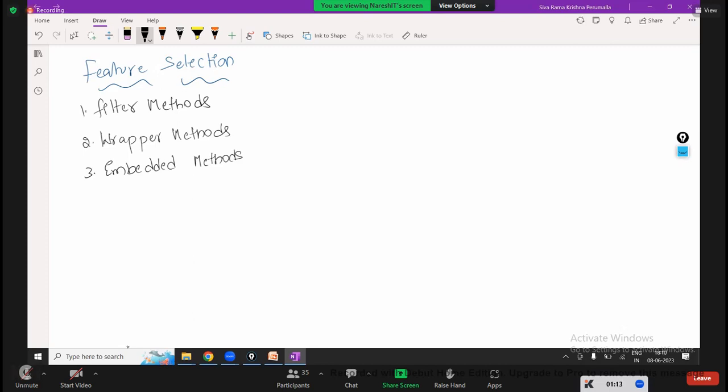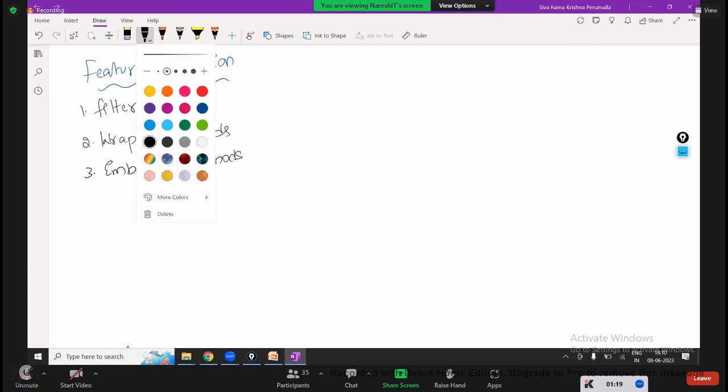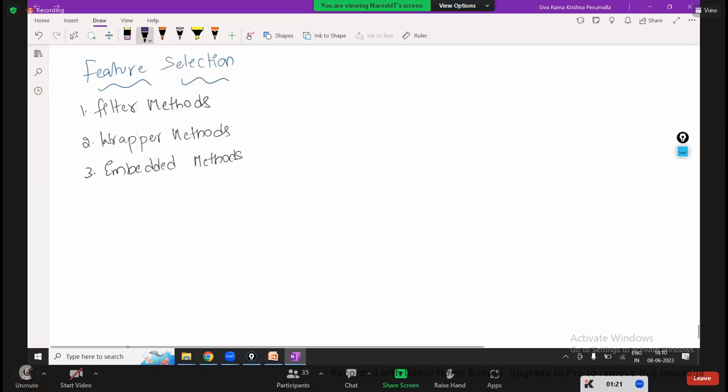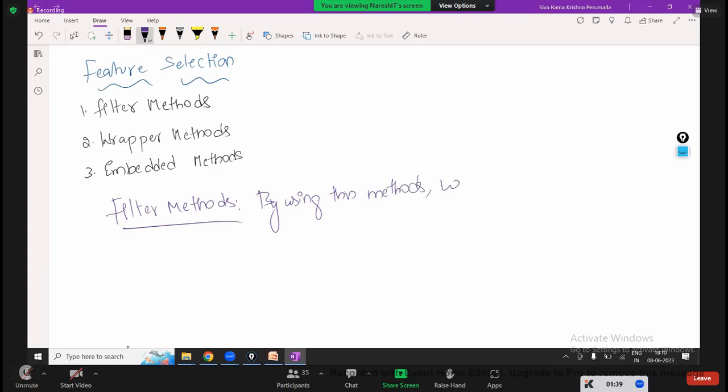Now let us understand each of the methods clearly. Now, what is meant by filter methods? Okay, so filter methods, heading as filter methods. Now in the filter methods, by using these methods, we identify the unimportant variables.